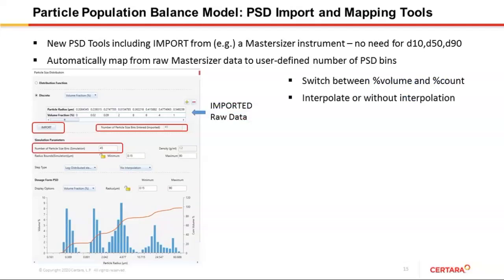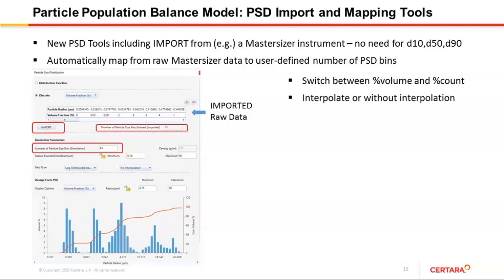Focusing now on a little bit of detail of some of the new tools, I won't spend too much time on the specific details, but I've picked out a few things of interest for you. One of these is the particle size distribution tools, which now include an import function where you can directly import particle size distribution from an instrument such as a Mastersizer or another instrument.